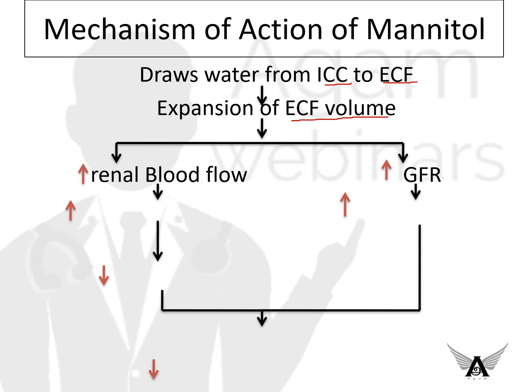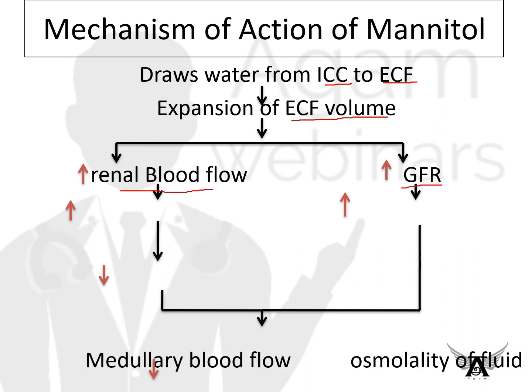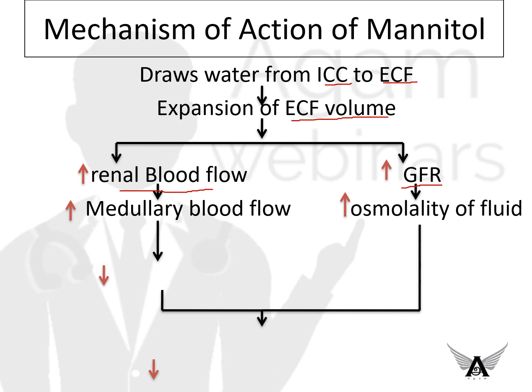When the extracellular fluid volume increases, there is increased renal blood flow and increased glomerular filtration rate. This results in increased medullary blood flow and also increased osmolality of fluid. Osmolality is nothing but the concentration of solutes in a kg of water or in a kg of the solvent.